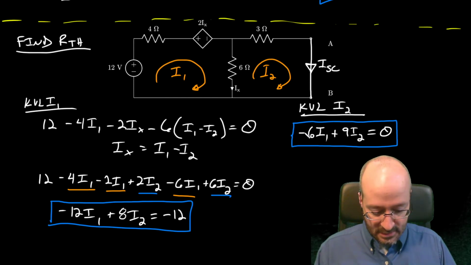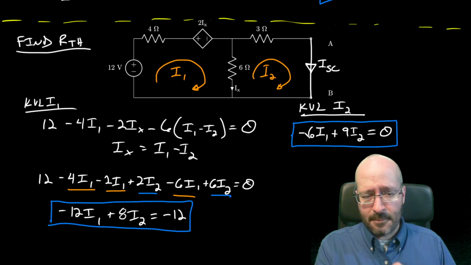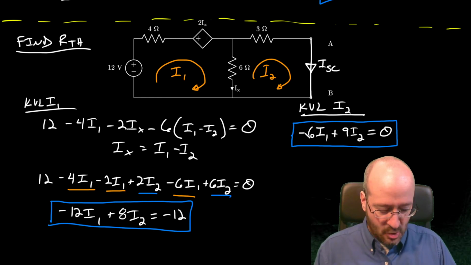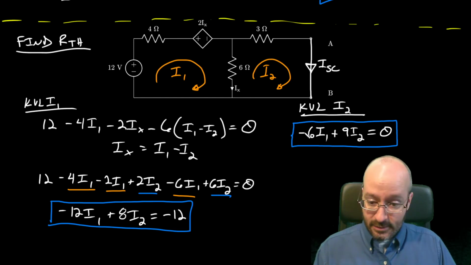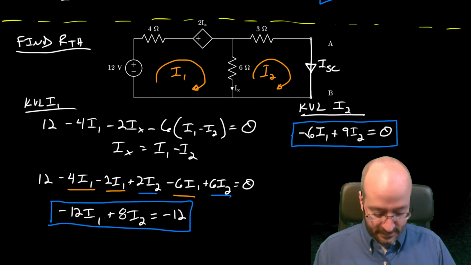Okay, solving that system of equations, I could put it in matrix form. I'm hoping you're comfortable doing that by now. If you're not, please go review some videos. Negative 12, 8, negative 12; negative 6, 9, and 0.